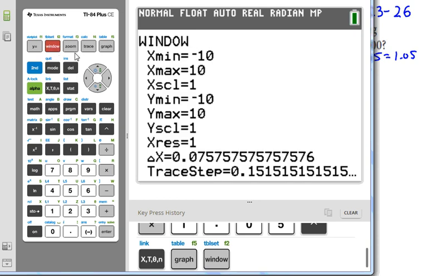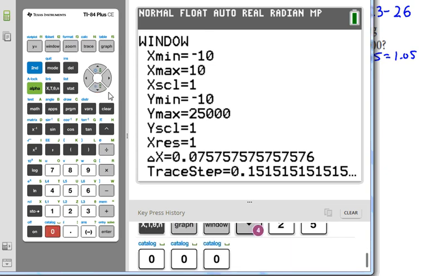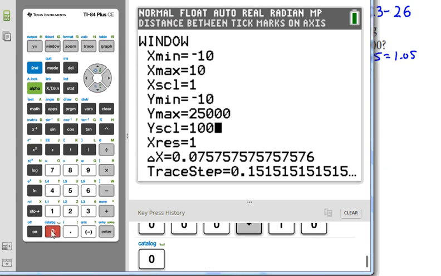And for my window, I'm going to go to my x value, my y value, we can start at -10. But we know we need to go up to 25,000 because that's what we're trying to find. So I'll put here 25,000 as our y max, and we're going to scale at 1,000 people.